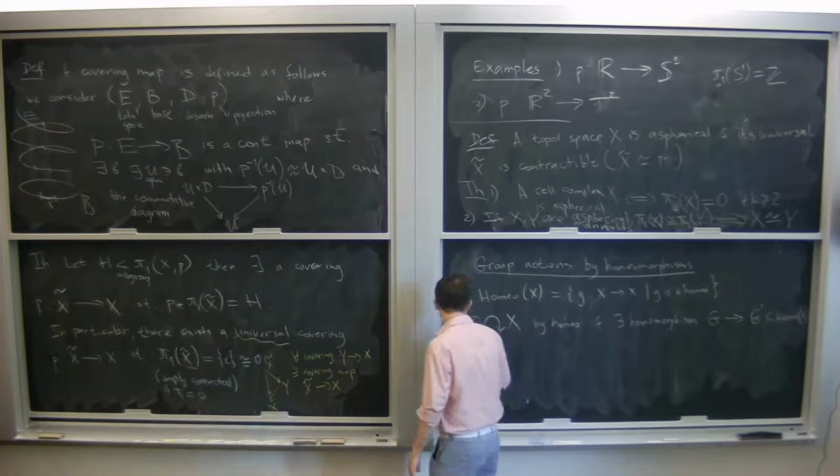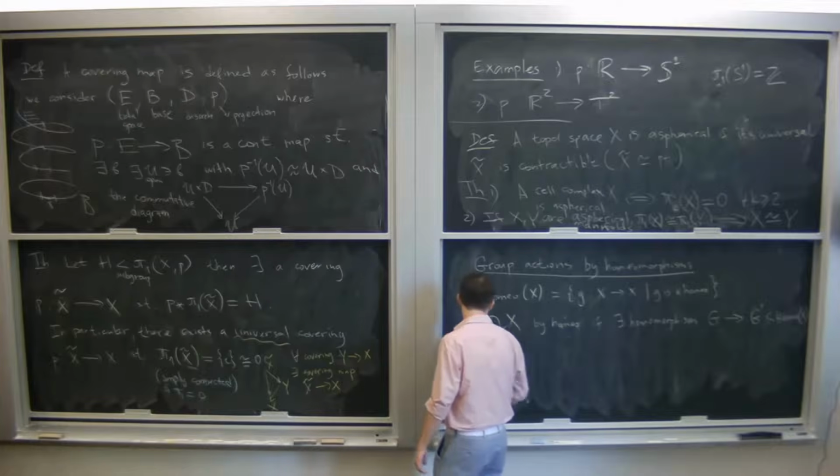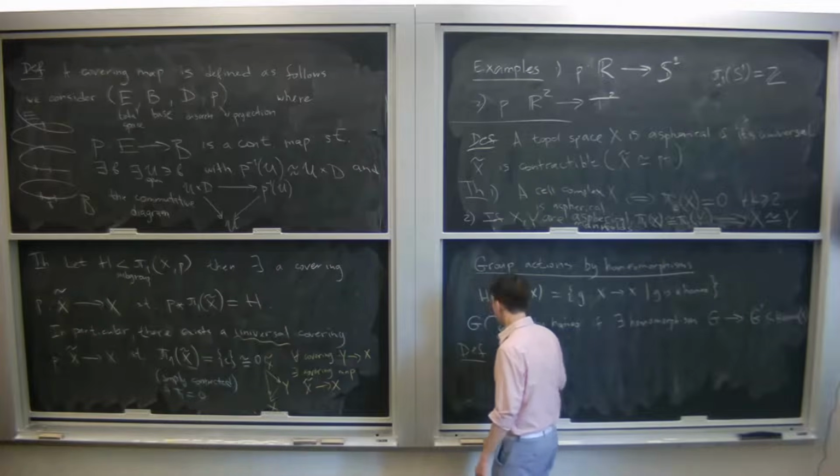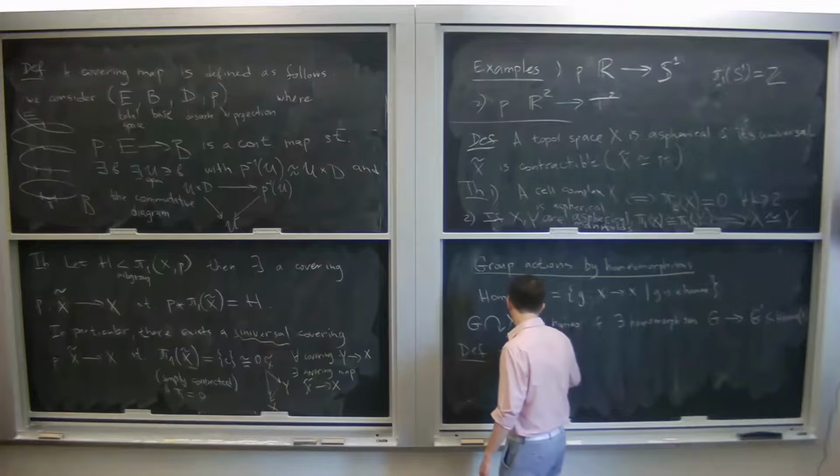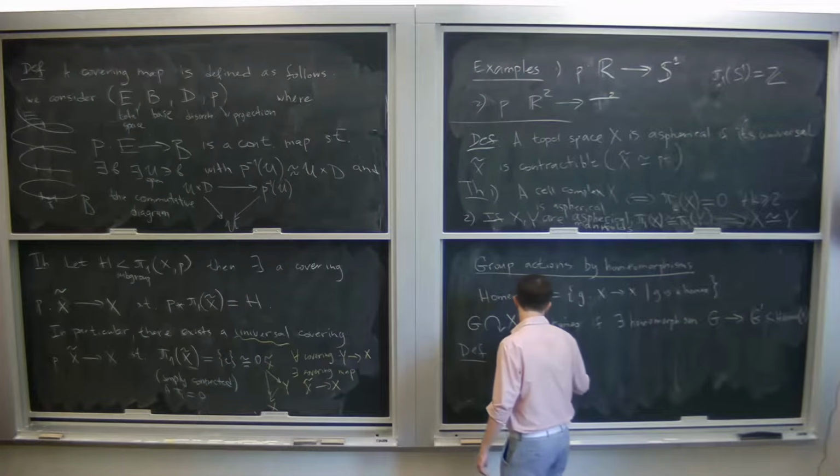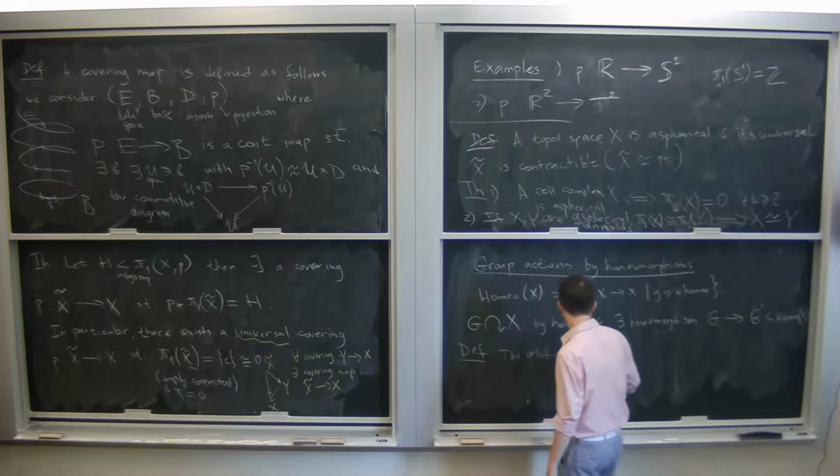Okay, then by definition, the orbit space, which is very important for us, the space of orbits or the quotient space.